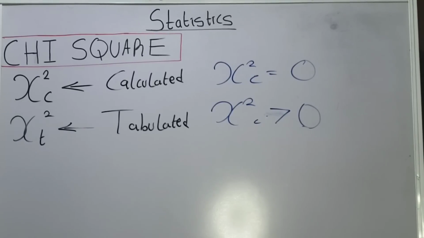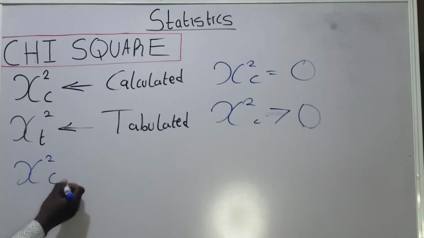Now, mathematically, chi-squared can be expressed as this. I'm talking about the calculated chi-squared. Don't forget that the tabulated chi-squared is given on the table, and it might even be given in the question.